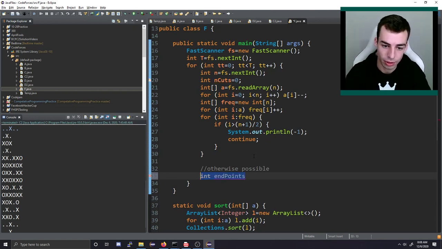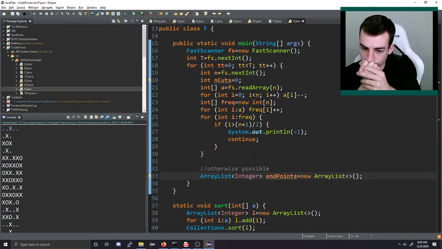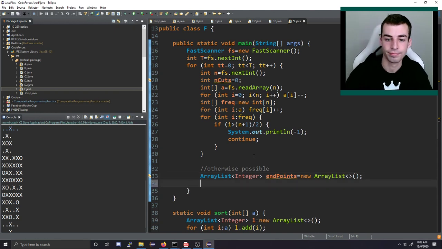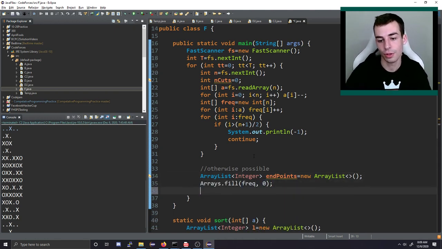Endpoints, ArrayList of Integer, points is new ArrayList. Zero.